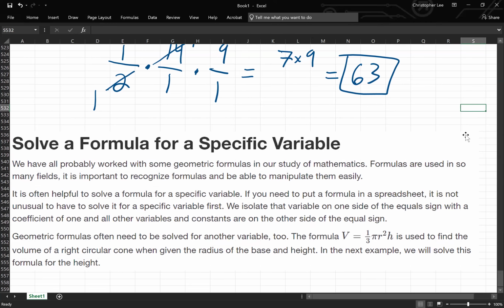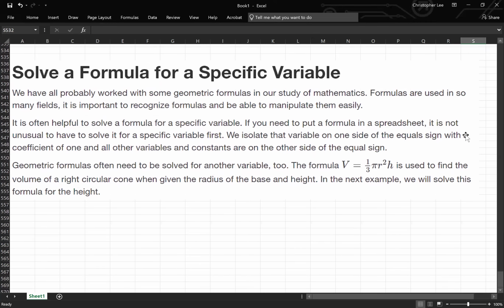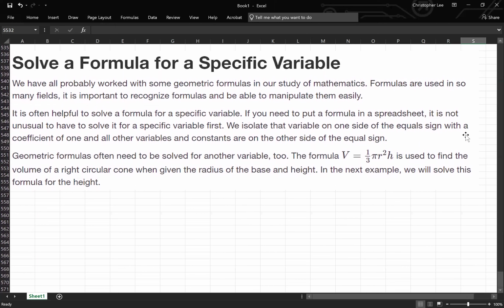So we want to solve a formula for a specific variable. We have all probably worked with some geometric formulas in our study of mathematics. Formulas are used in so many fields. It is important to recognize formulas and be able to manipulate them easily. It is often helpful to solve a formula for a specific variable.